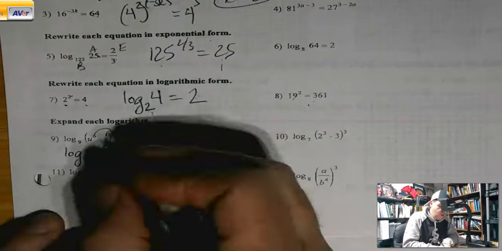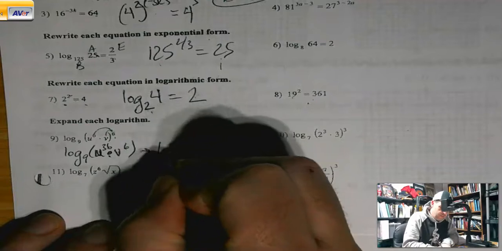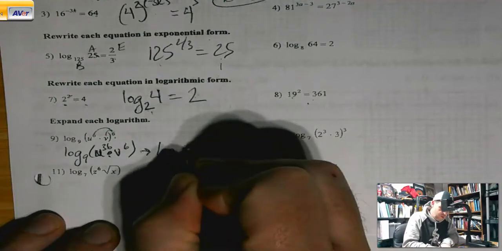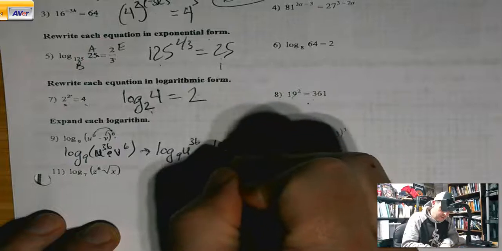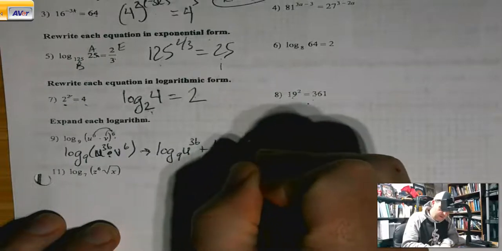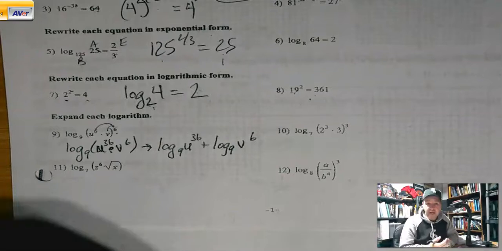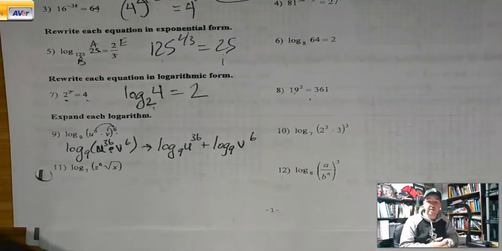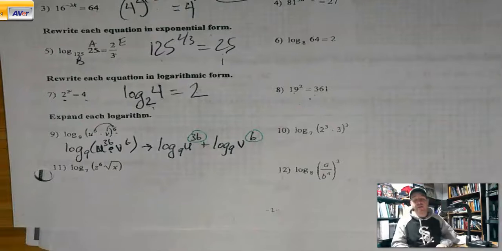Now I can look and go, ooh, multiply is add. Log 9 u to the 36 plus log 9 v to the 6th.